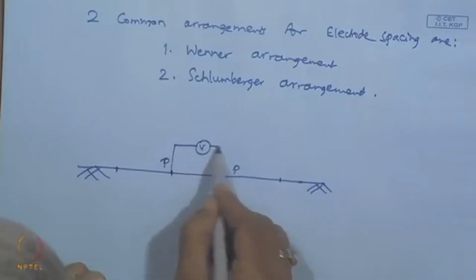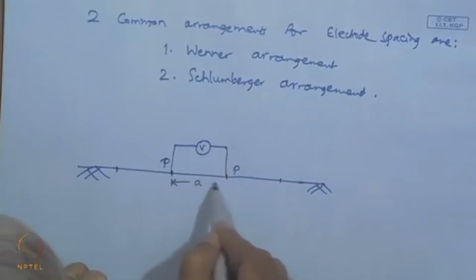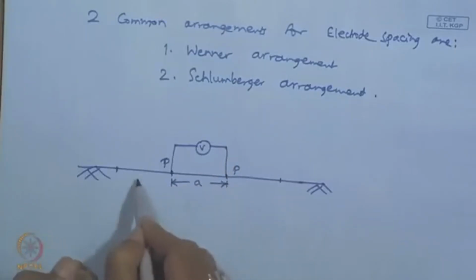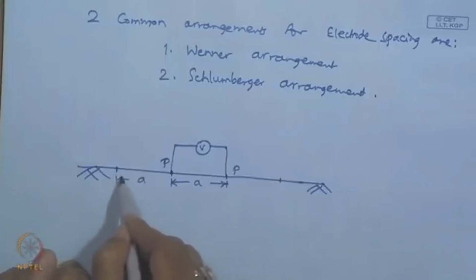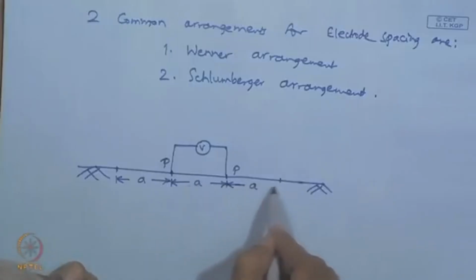There is a voltmeter between the potential electrodes and the distance is A, the same distance on either side of each of the potential electrodes along the same line.